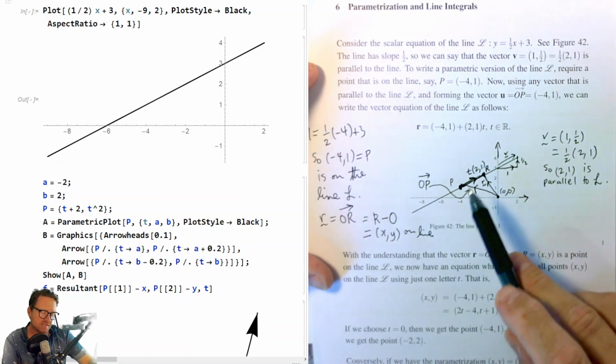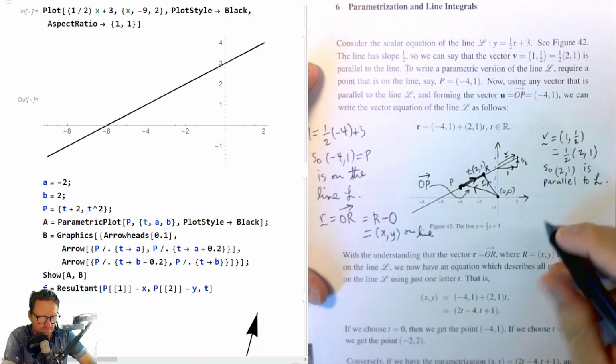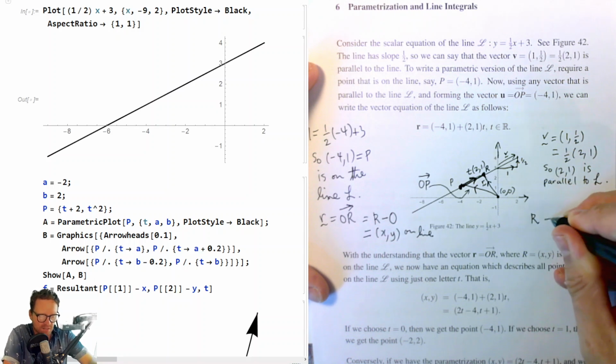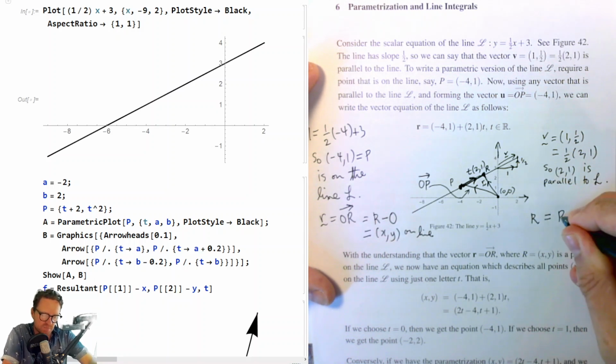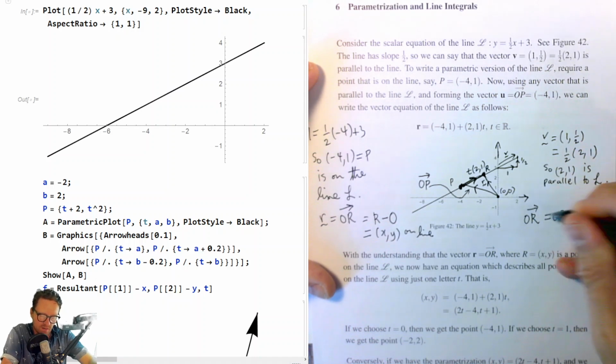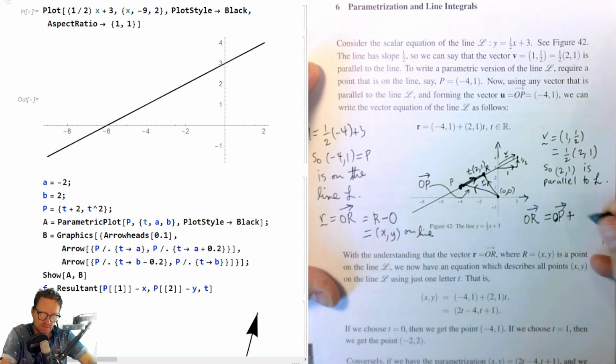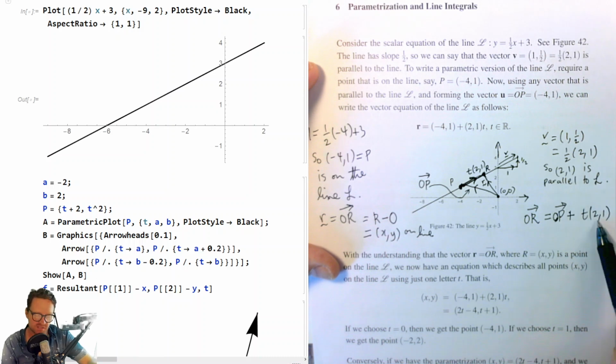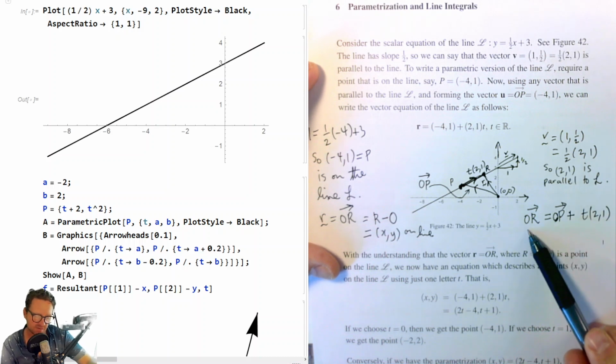Now putting this together, OR is equal to OP plus t times 2, 1. So this is a vector equation. This is a vector, this is a vector, and this is a vector.